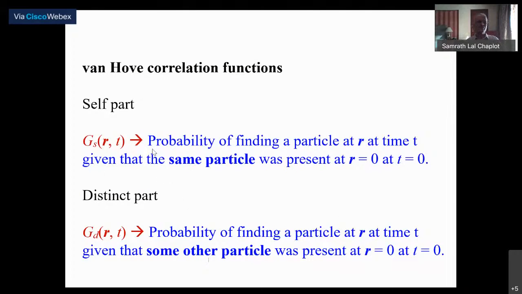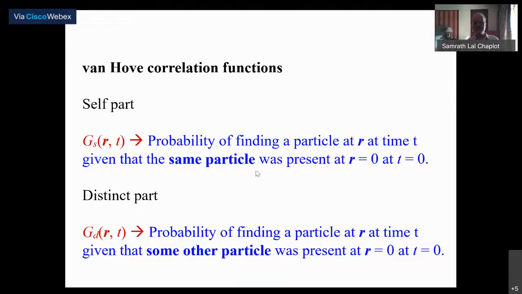Just to remind you again, there are two types here. You can talk of the position time correlation function of a single particle, so how the position of the single particle changes as a function of time. This is simply the probability of finding the particle at a position r at a time t, given that this same particle was present at r equal to 0 at t equal to 0. So how it's evolving with time.